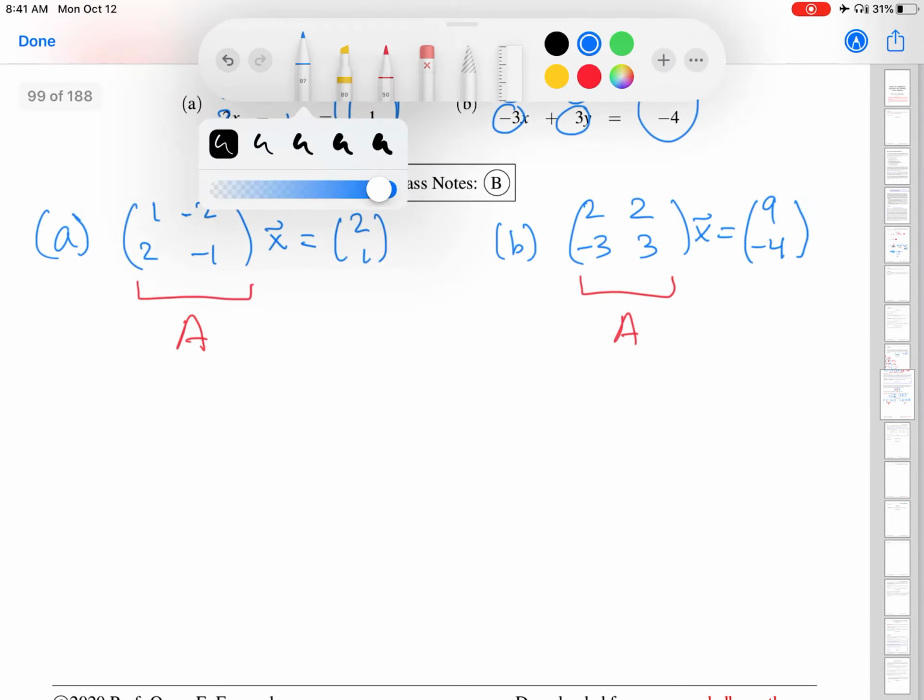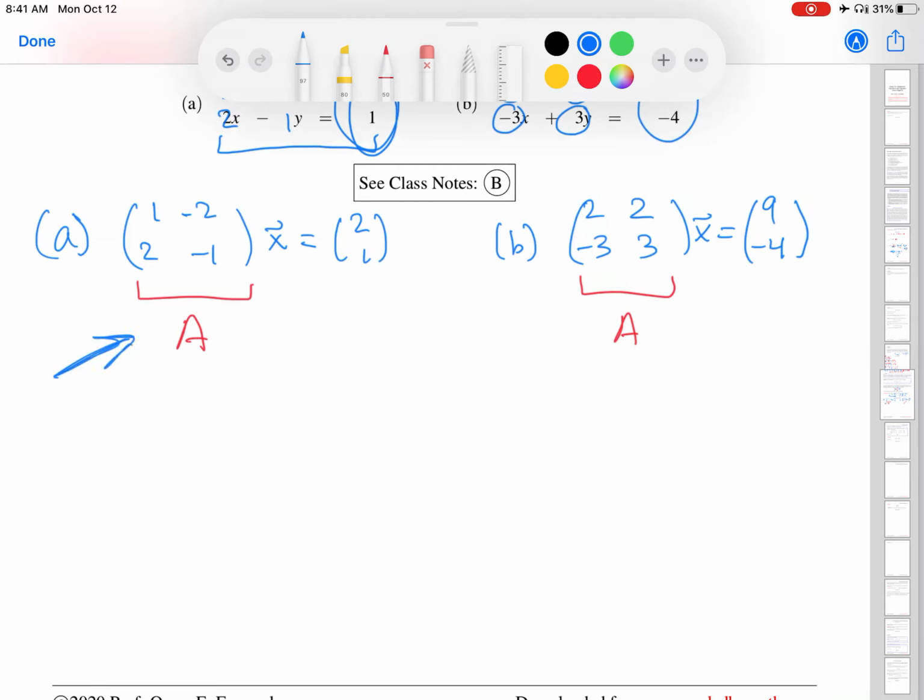So for our matrix A on this side, okay, let's do that determinant. So determinant of 1, -2, 2, -1 equals product of the diagonals, so that's -1, minus product of the off diagonals, so that's -4.